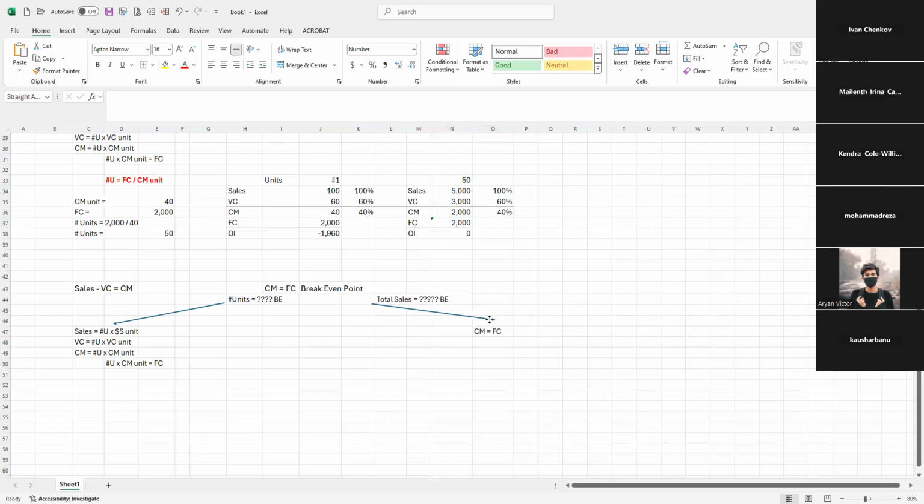Well, first things first, let's see based on this formula. If I do this trick, contribution margin times 1 is equal to the fixed cost, am I changing the formula?